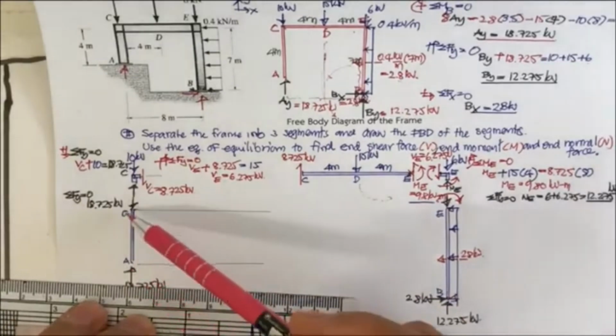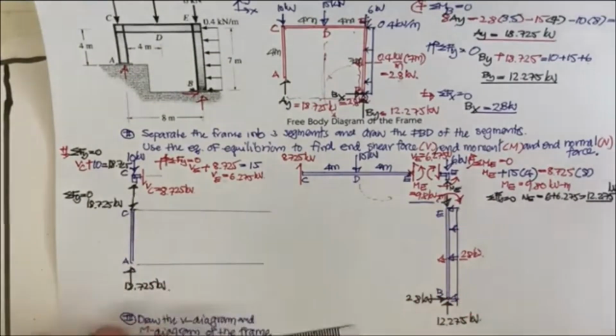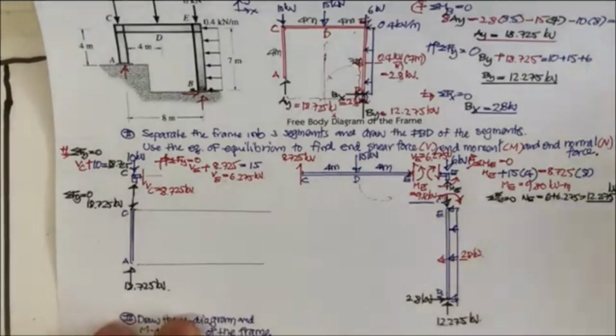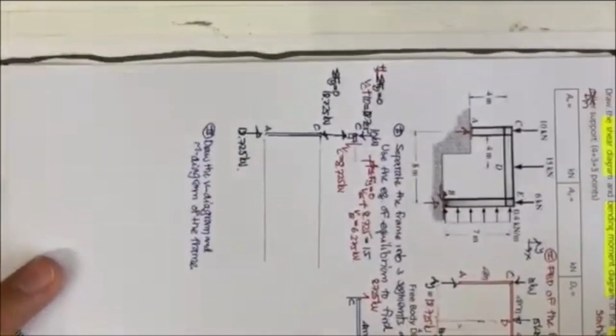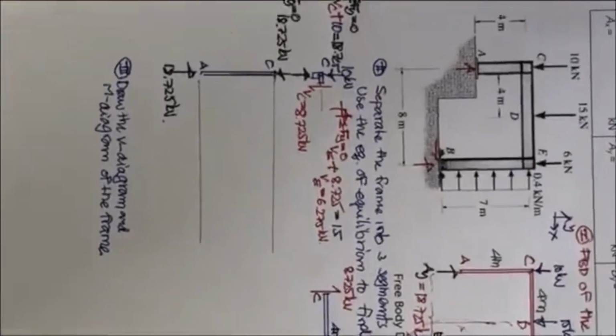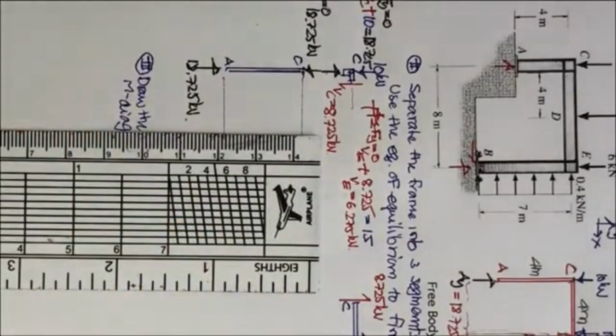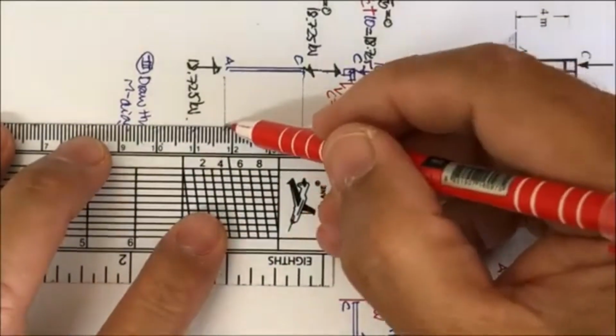We will draw from AC to CE and then to EB. Okay. And when you draw the shear diagram and moment diagram of the column, it's a good idea to rotate it to be like this. If it rotates like this, it's going to be more convenient for you to draw the diagram of the column.